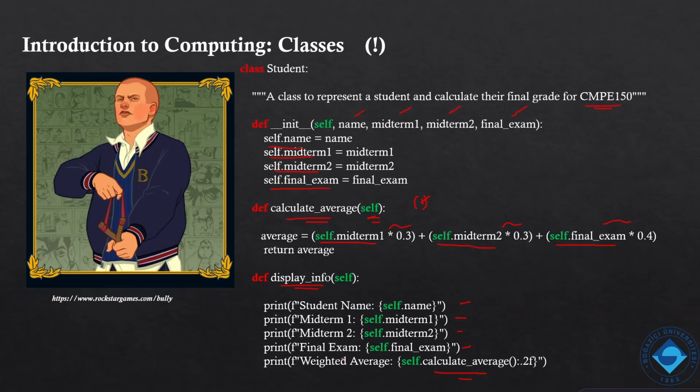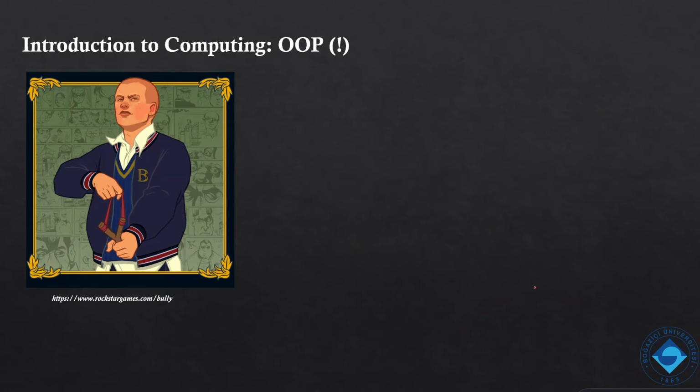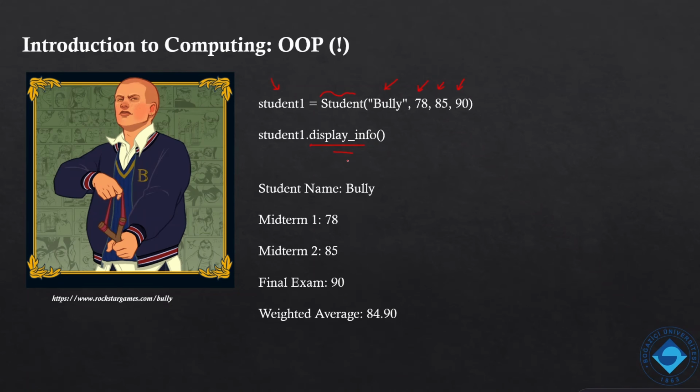So again, to be able to call another function under one function, we are writing self dot, then we are writing the other function name. Then I just create my objects by using my class keyword and student name, student midterm 1, midterm 2, and final grades. Then once I run this behavior or call this function, it's going to calculate the average score.